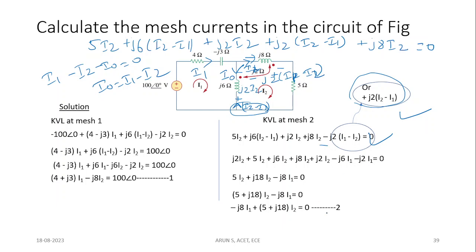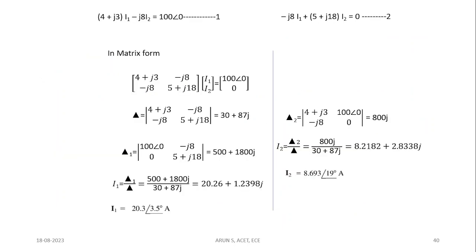So we can rearrange it to get equation number 2. Kindly pause the video and do the mathematical calculation to get equation number 2. So I got equation 1 and equation 2. Now I am going to solve this using Cramer's rule.